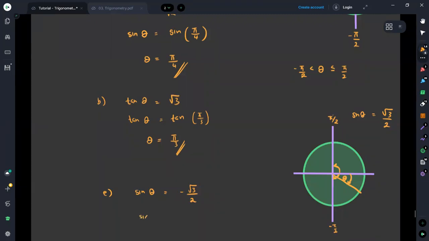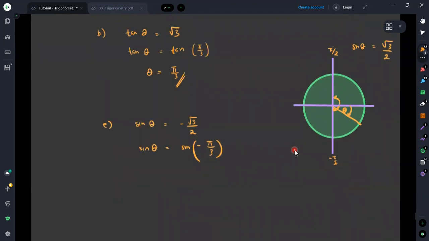Therefore, we can say this is equal to sine theta. Here it is sine, then minus can be taken inside, because the angle is measured in the clockwise direction. But what we know is root 3 over 2 can be considered as 5 over 3. Therefore, the value of theta is equal to minus 5 over 3.